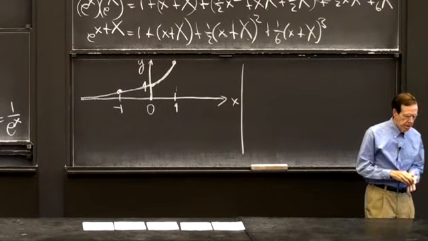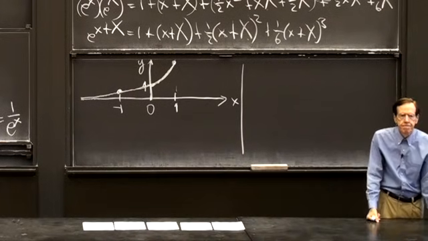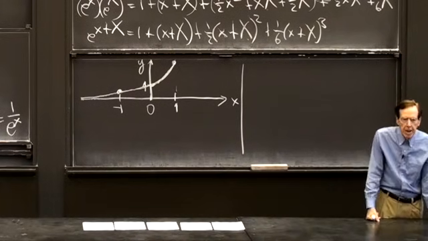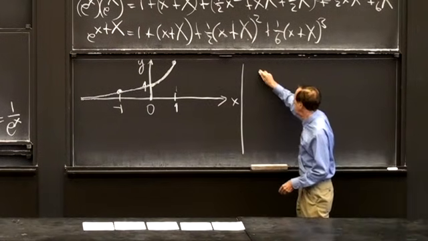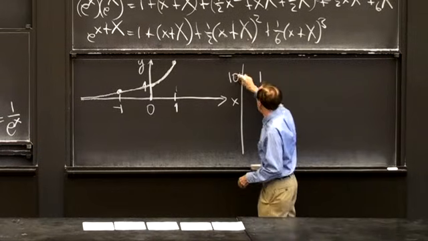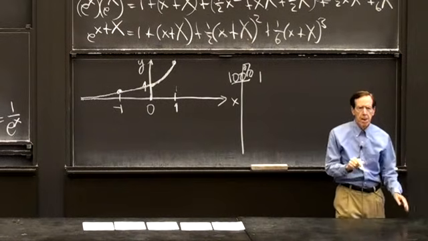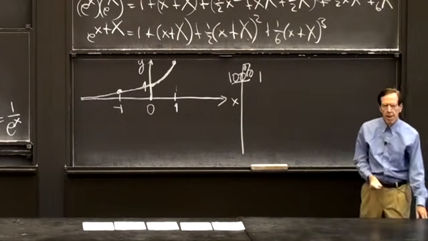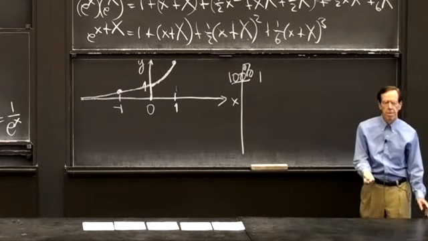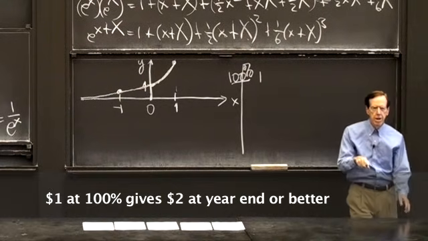So, suppose you're getting 100% interest. Generous bank. And you start with $1 at 100%. The bank gives you interest at the end of every year. So at the end of the first year, you had $1 in the bank.